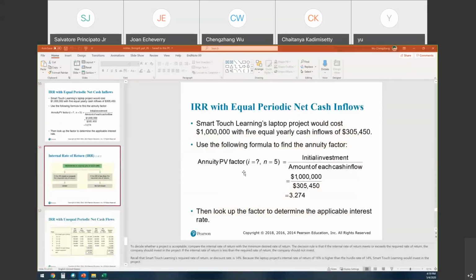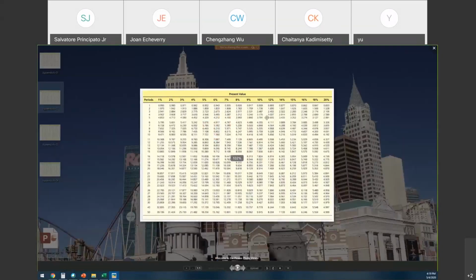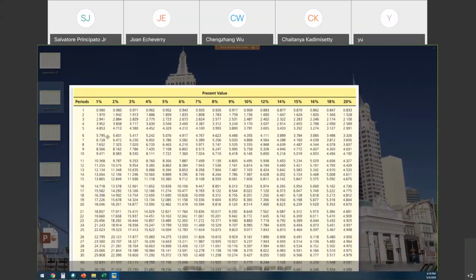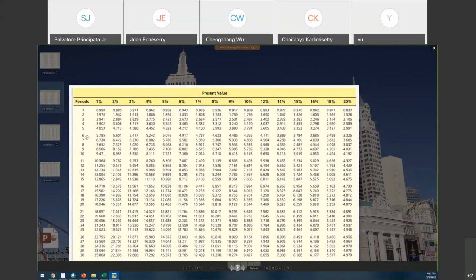So if we go back to this table, the number of periods is 6. And in this row, we cannot find the annuity present value factor of exactly 4. So the only thing you know is the closest value.